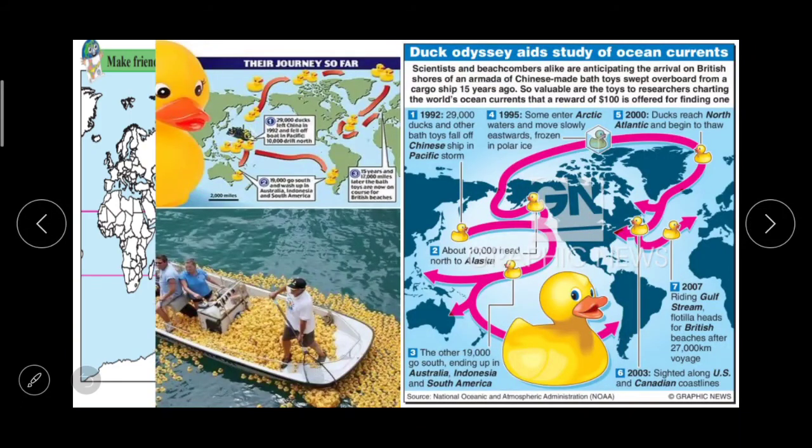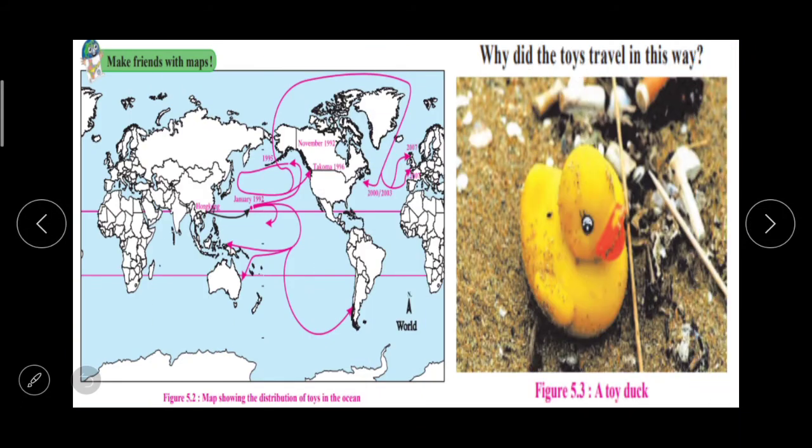To understand these two figures, figure 5.3 of a toy duck and 5.2, a map showing the distribution of toys in the ocean, are given in our textbook. And the question is, why did the toys travel in this way?